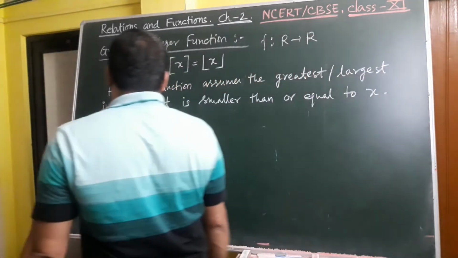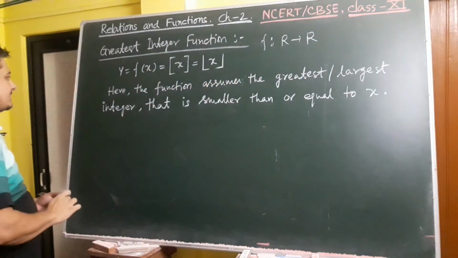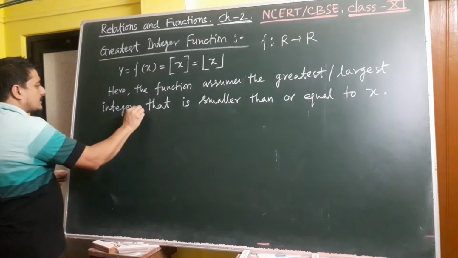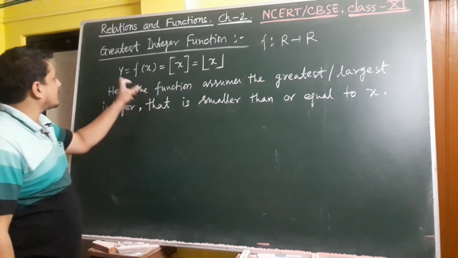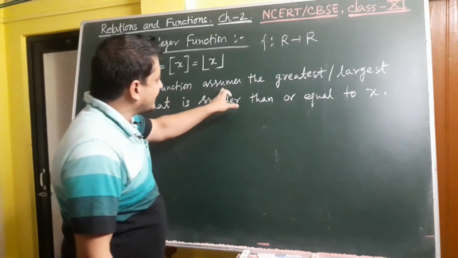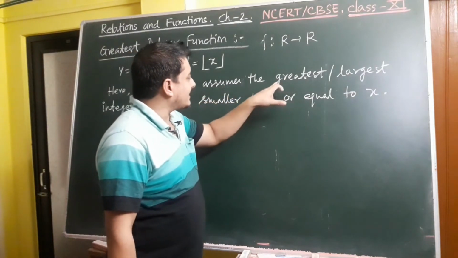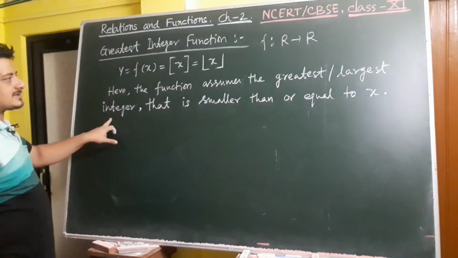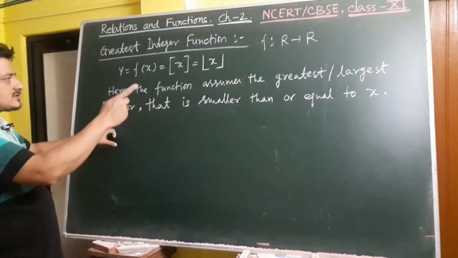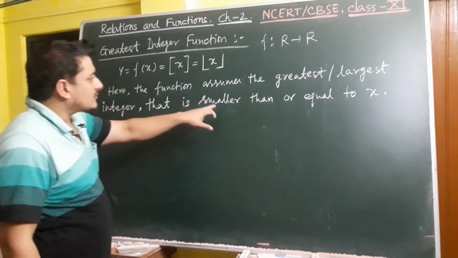Now what does this mean? It is actually very simple. See, look at the comma. Here the function or y assumes or takes the largest, or greatest, integer that is smaller than or equal to x.